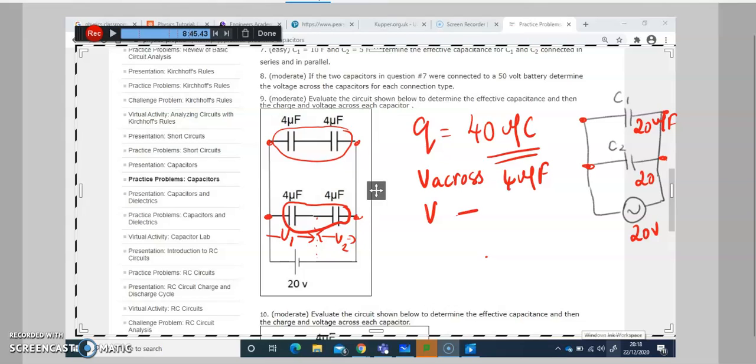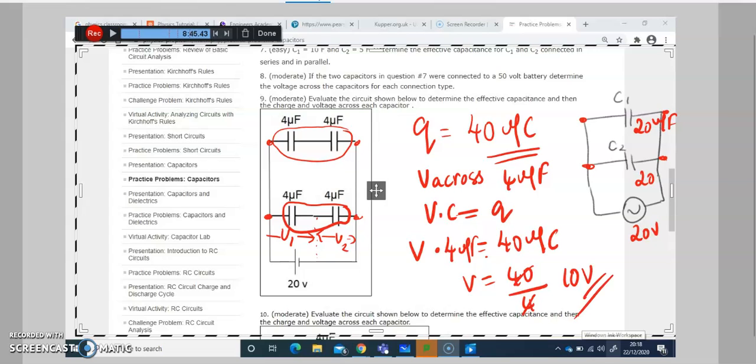Again, the same formula, Q is equal to C times V. When you rearrange, you know the Q value, which is 40 microcoulomb, and you don't know the voltage, because that's what we are finding, and you know the capacitance, which is 4 microfarad. So voltage is equal to 40 divided by 4, so that's going to be 10 volts.